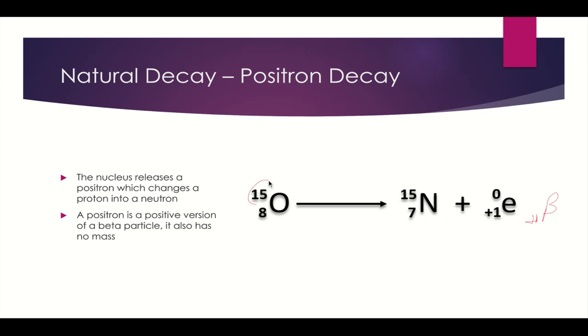But again, my mass is not going to change, because my beta particle has no mass. What does change is the atomic number, and 8 equals 7 plus 1. And that is positron decay. Very similar to beta decay, except I have a positive 1 here instead of a negative 1.